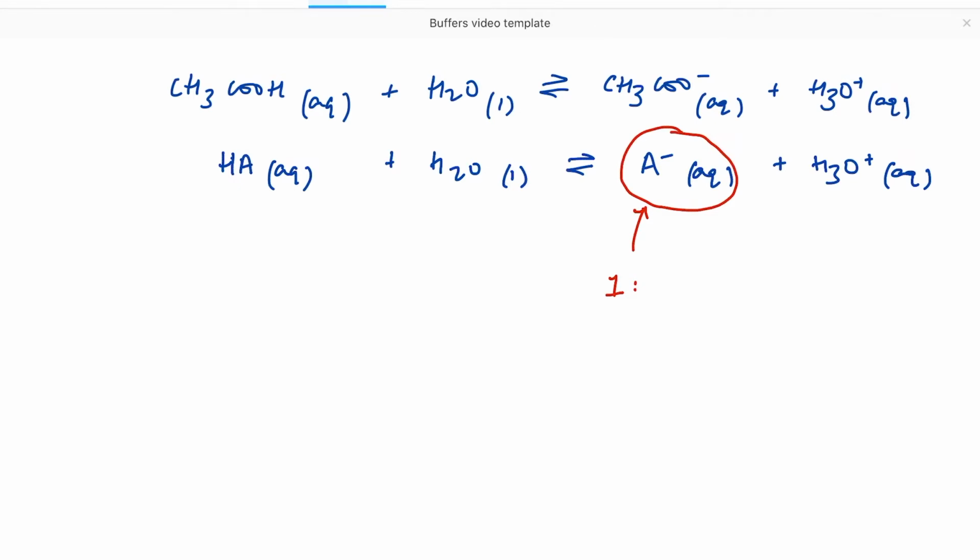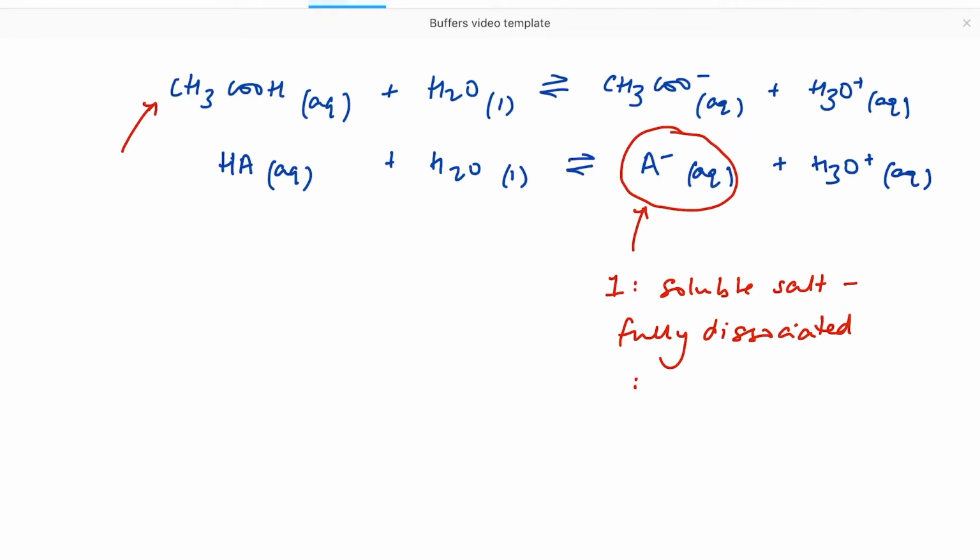The reason that we can make this assumption is that, first of all, the salt is soluble, which means that in solution it's fully dissociated. So it's going to produce a high concentration of the anion, or the ethanoate ion in this particular example. The second reason is that in this system we are dealing with a weak acid and its salt.